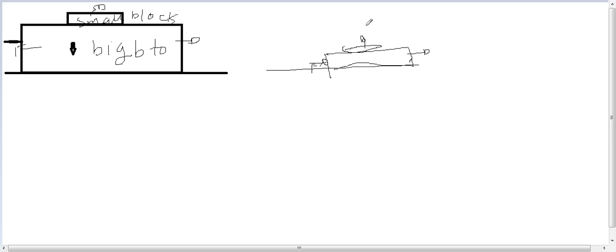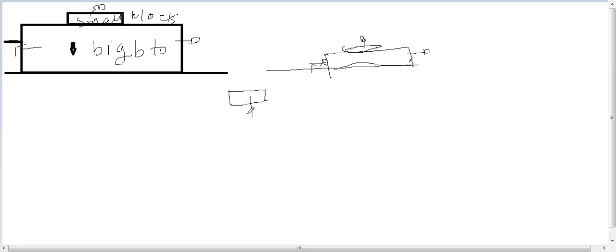To analyze things, we have to think in a physicist's way and draw the free body diagram. Let me draw the free body diagram of this small block.